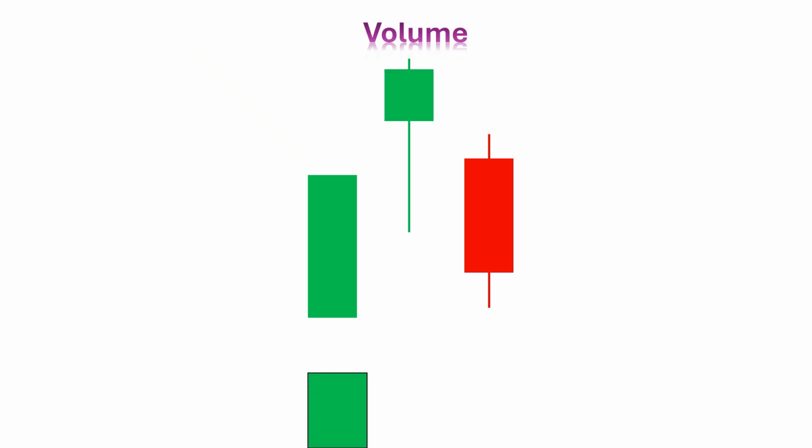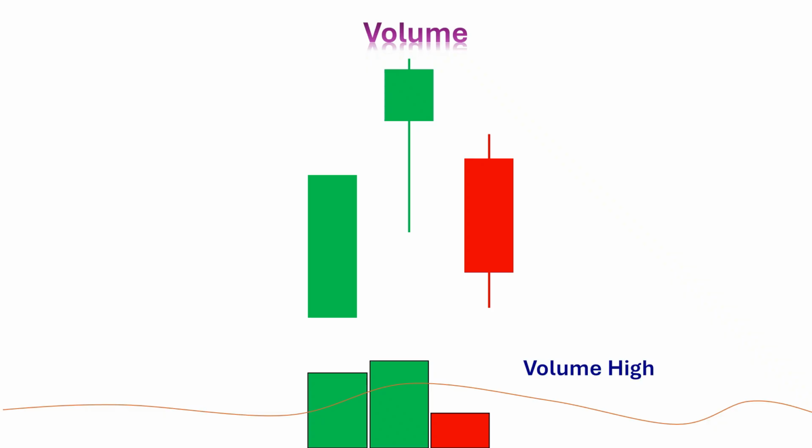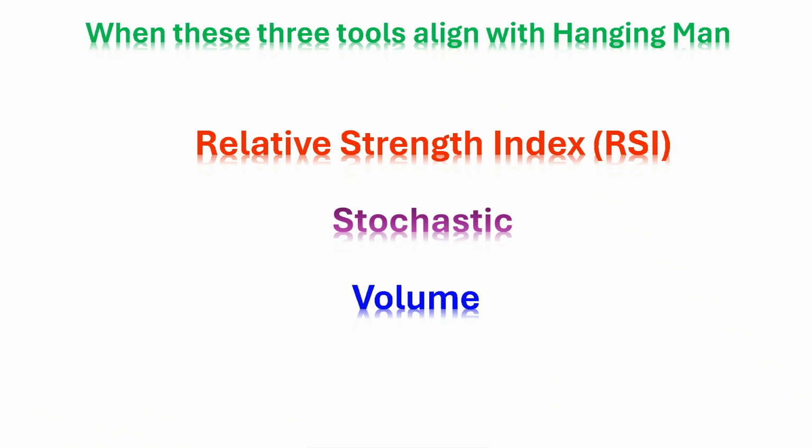Volume: large volume, or more than average volume, validates that selling pressure is real and strong. When these 3 tools align with a hanging man, the reversal signal becomes extremely high probability.